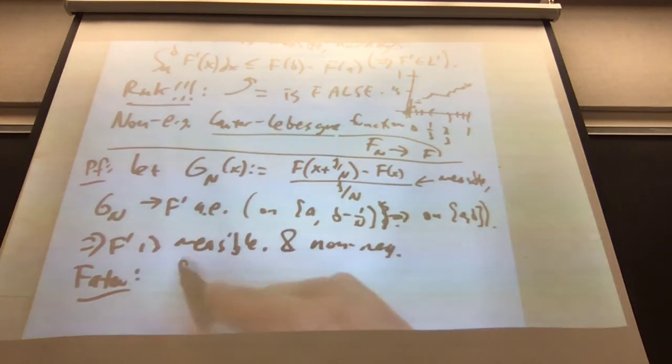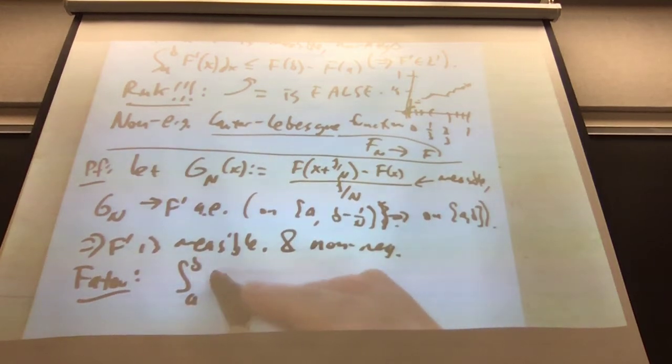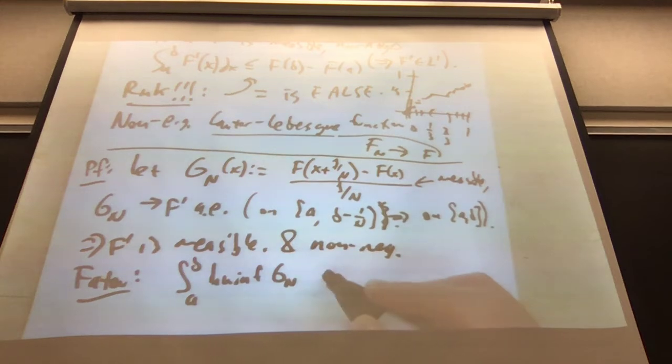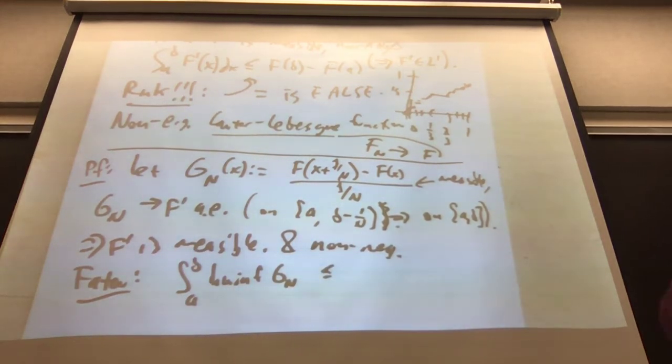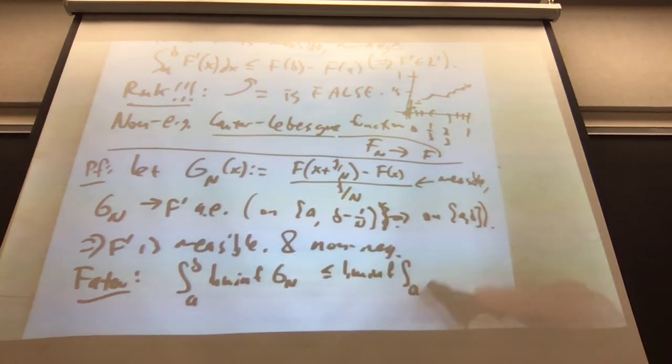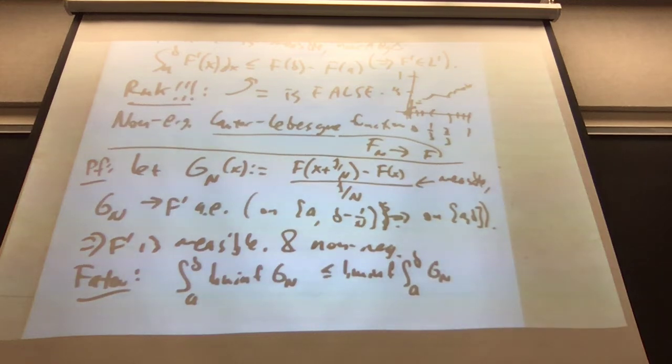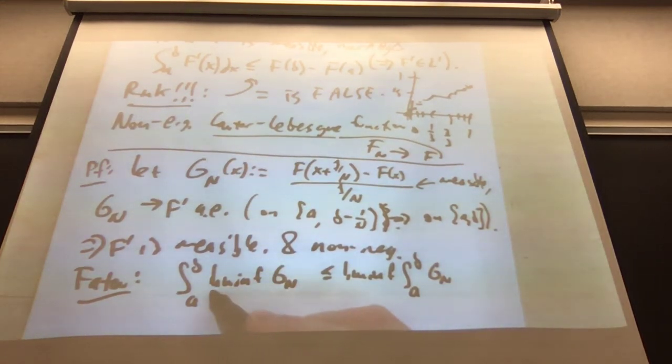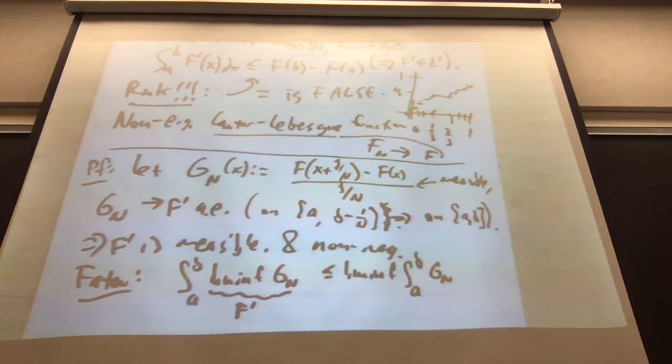The integral of the lim inf of the g_n's is at most the lim inf of the integral of the g_n's. The g_n's not only have a lim inf, they have a limit. That limit is f prime, almost everywhere, which is all that matters as far as the integral is concerned.